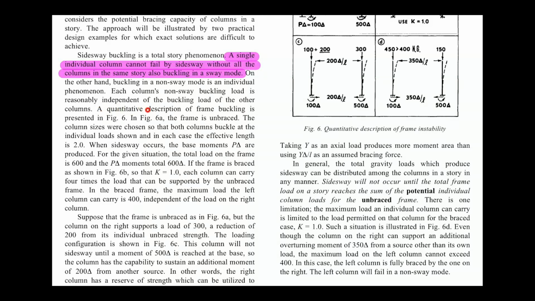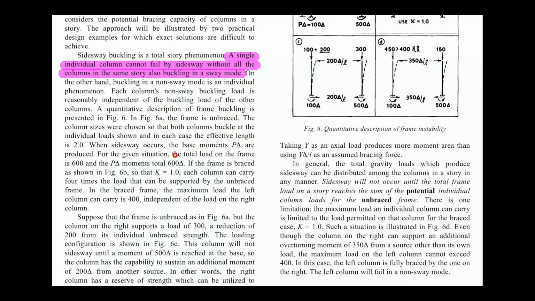Of course, a quantitative description of frame buckling is presented in Figure 6. I explained Figure 6 already. The frame is unbraced. First, the column sizes were chosen so that both columns buckle at the individual load shown in each case. The effective length factor is 2.0. When sideway occurs, the base moments P times delta are produced.